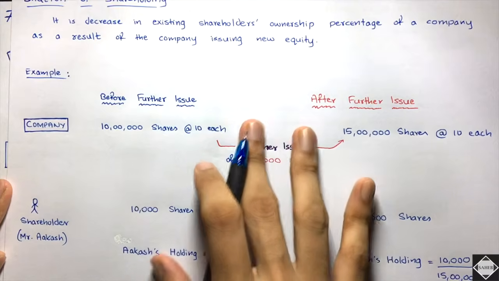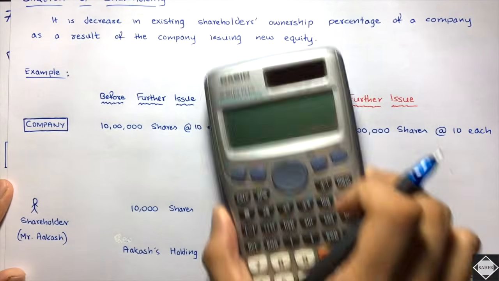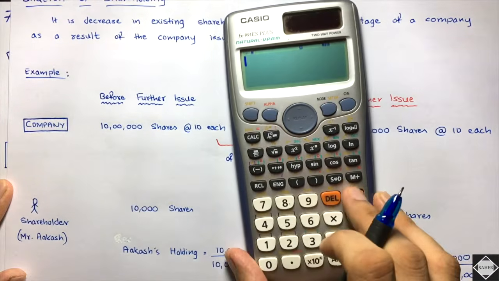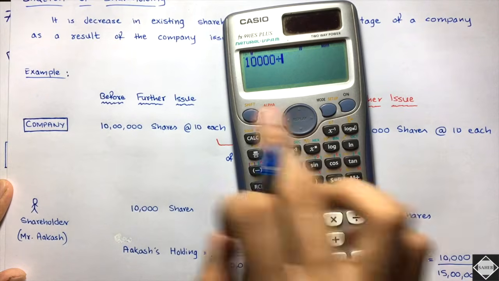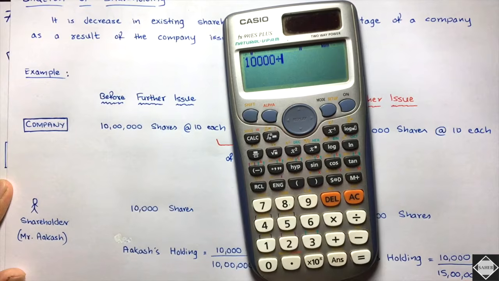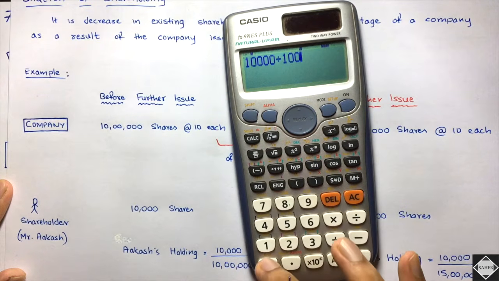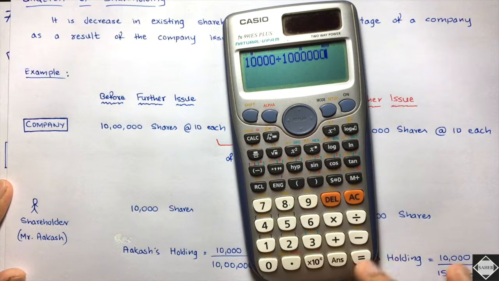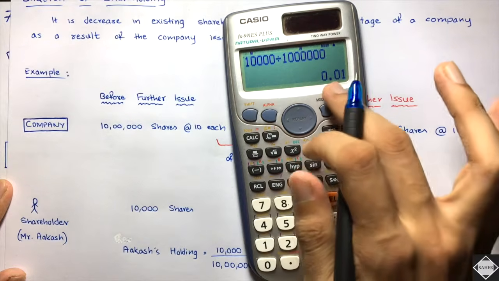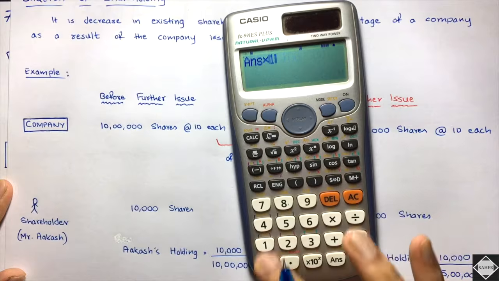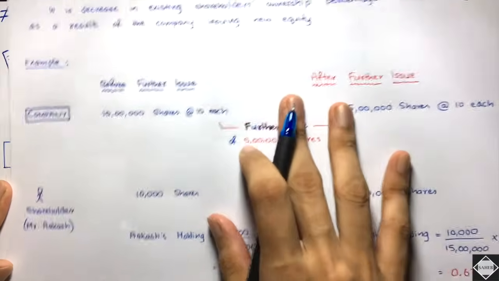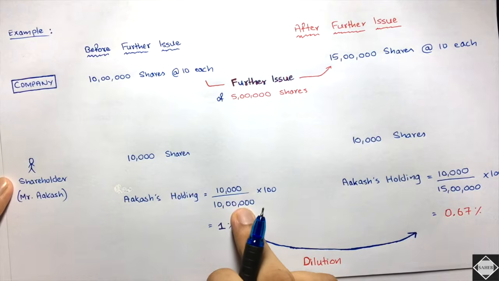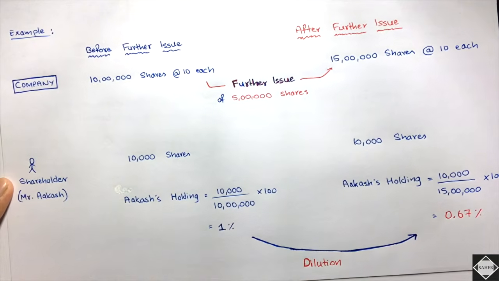See here, Akash's holding, let me just show you. What is Akash's holding before the further issue? The 10,000 shares owned by Akash divided by the total number of shares outstanding in the company, that is 10 lakh. So that is 0.01, into 100, which means 1%. See here, 10,000 divided by 10 lakh into 100, 1%.